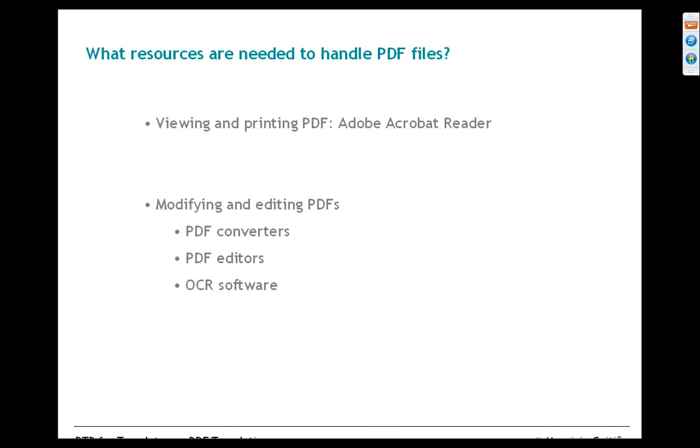Basically, we will have two big categories of software: one for viewing and printing PDF, which is Acrobat Reader and its similar friends, and the other, which allows us to actually modify and edit PDFs, which has at least three categories of software, and there are new categories being created. We'll see every one of them, how they work and what they are good for.